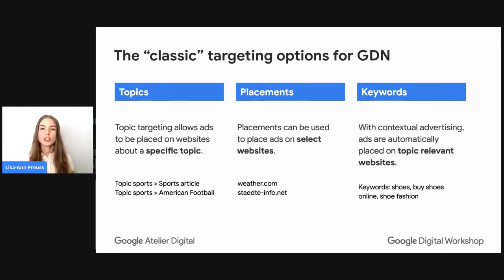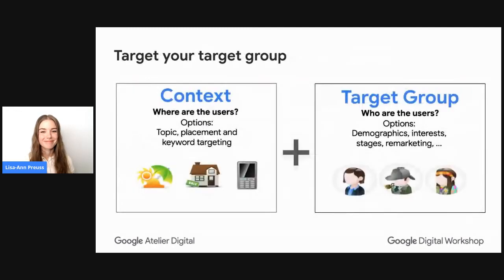So things like shoes, or buy shoes online, or shoe fashion. In other words, this contextual targeting, meaning selecting where you'd like your ads to show up, that is still possible. So using topic targeting, placement targeting, and keyword targeting options.